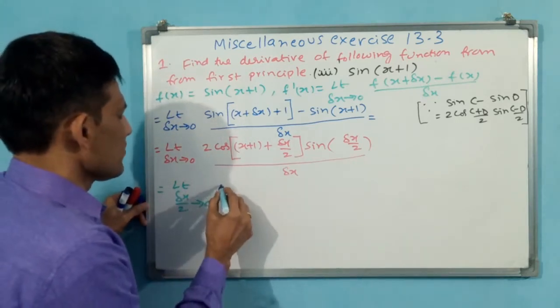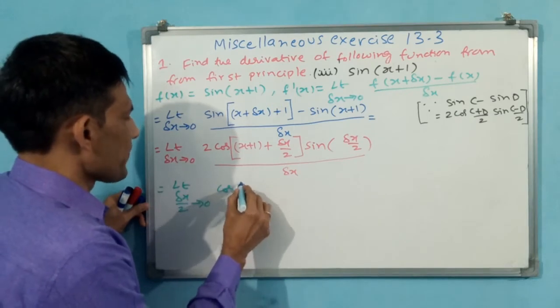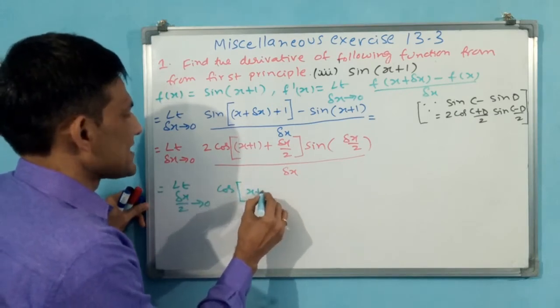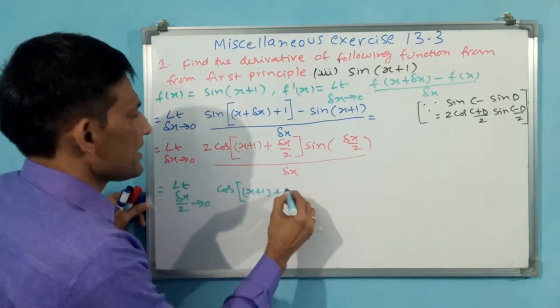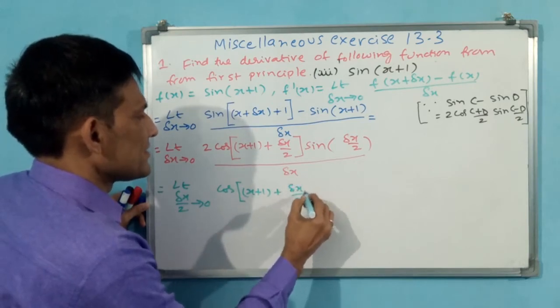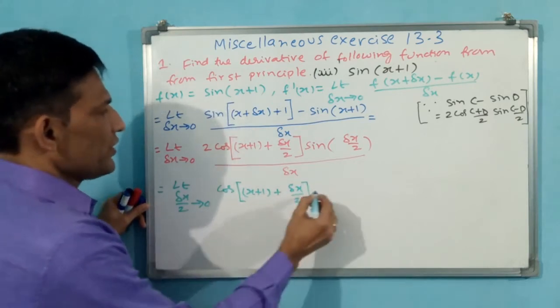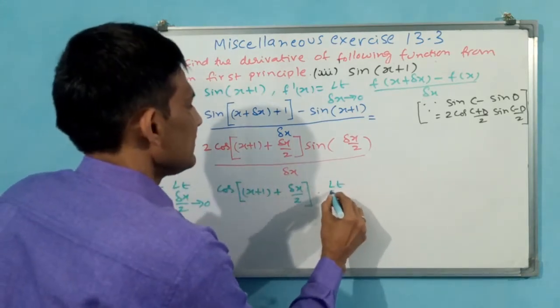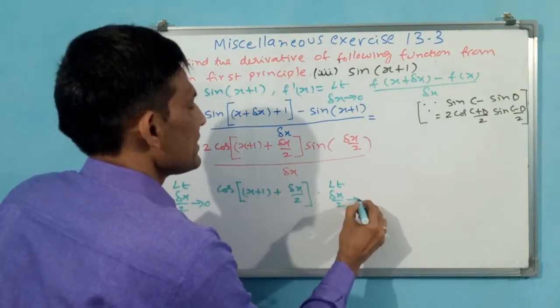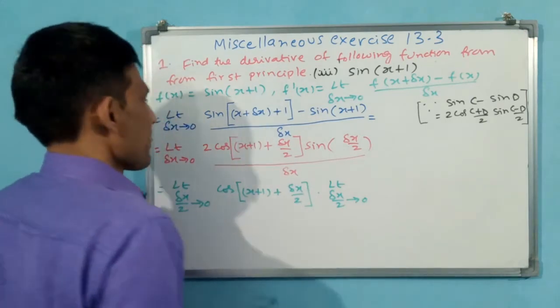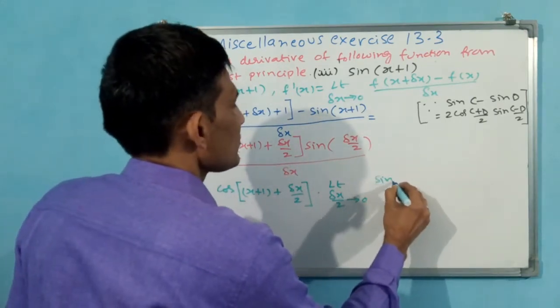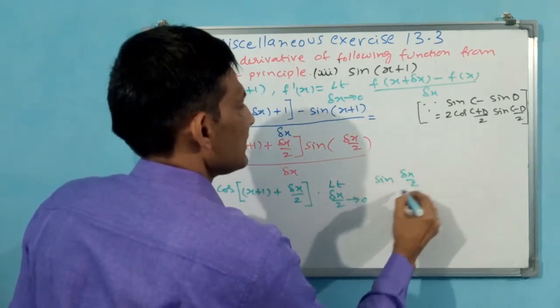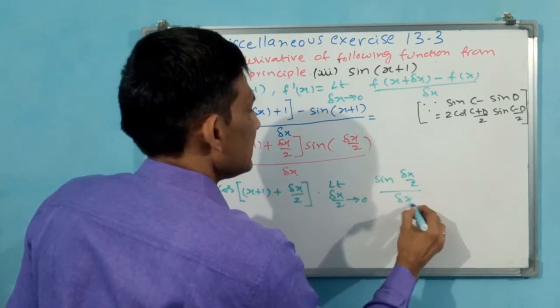Okay, you see I am splitting also. See how I am splitting. This 2 has gone here. Limit delta x by 2 tends to 0, sin delta x by 2 by delta x by 2.